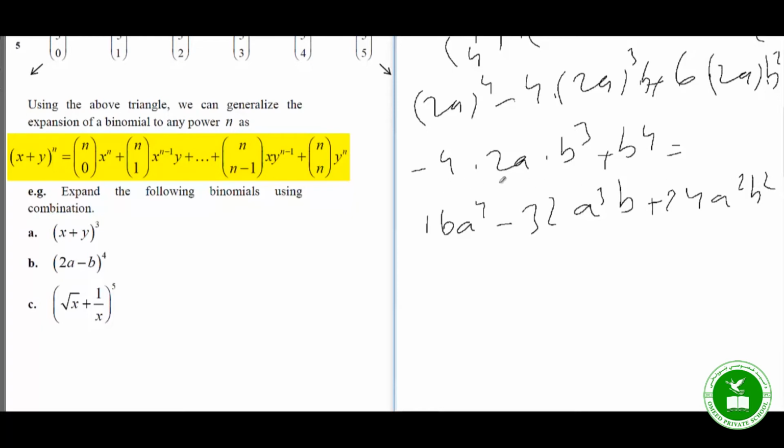Negative 4 times 2 is negative 8, minus 8ab cubed plus b to the power of 4 is the result of the second example.